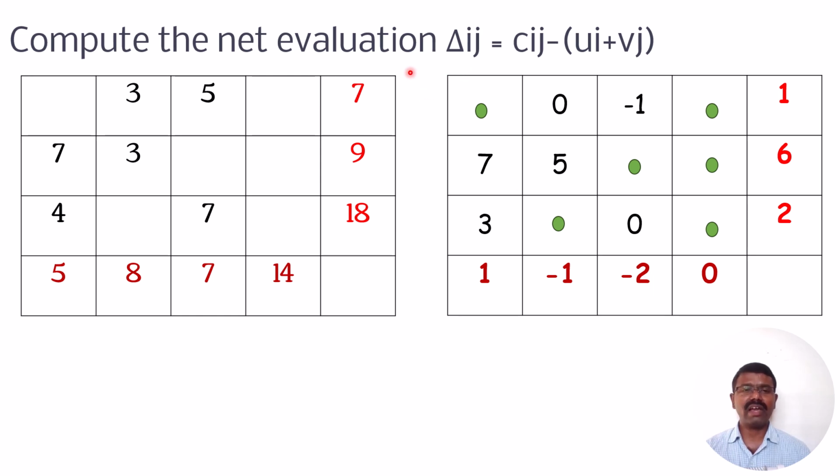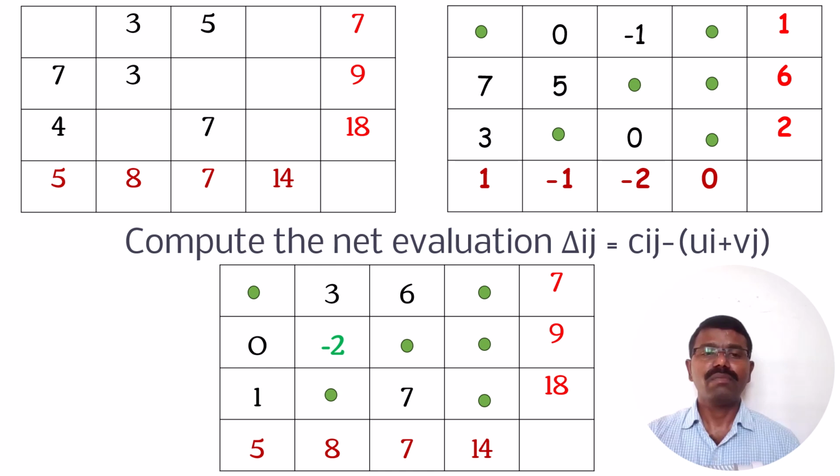Now let us calculate the delta ij matrix. Delta ij is equal to Cij minus (ui plus vj).